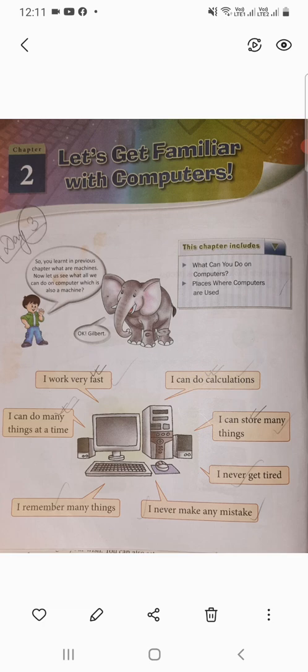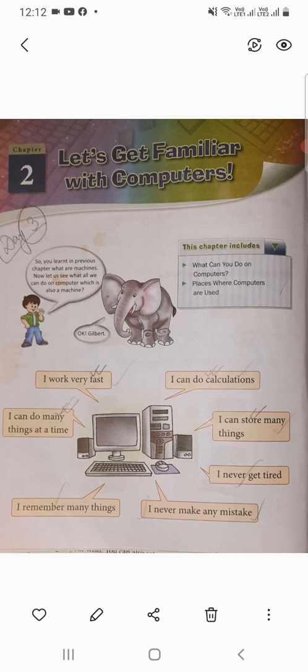At first, the computer works very fast. As it is a machine, it can do the work very fast rather than a human being. And the second point, I can do many things at a time.